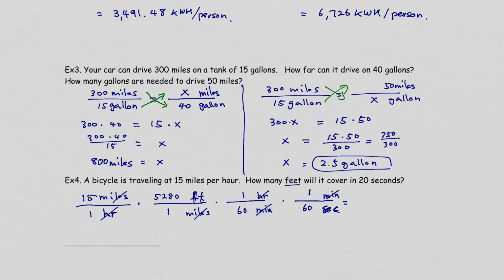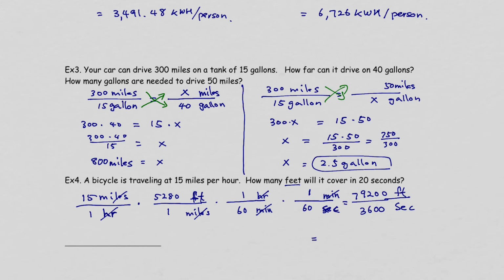So on the numerator, you get 15 times 5,280 times 1, and the unit is feet, and the denominator is 1 times 60 times 60, right?